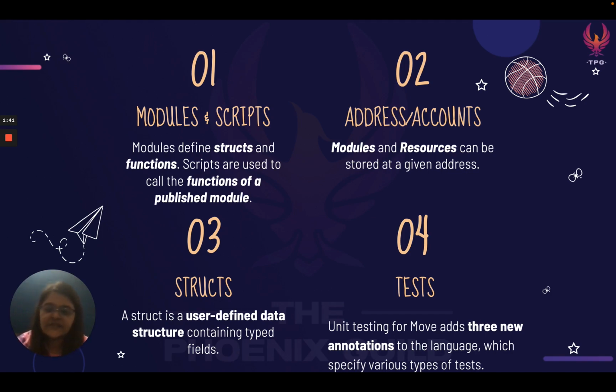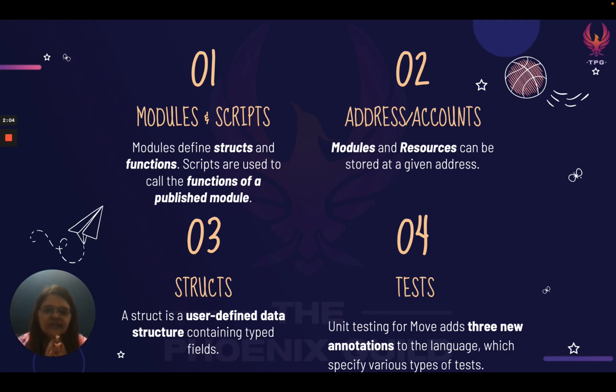Whereas scripts, think of scripts at another upper level, like the main function that is there in most of your programs, and they are used to call the functions of a published module. So you will largely see modules and scripts being used as the body in a Move program.